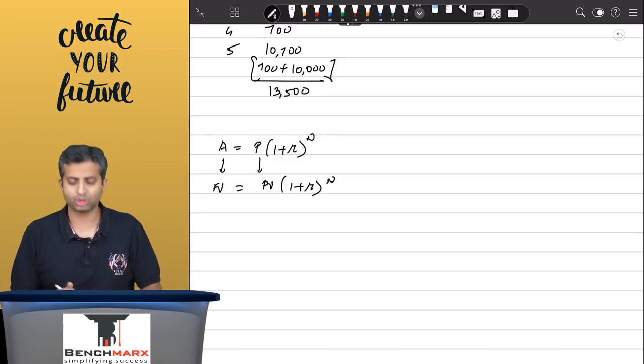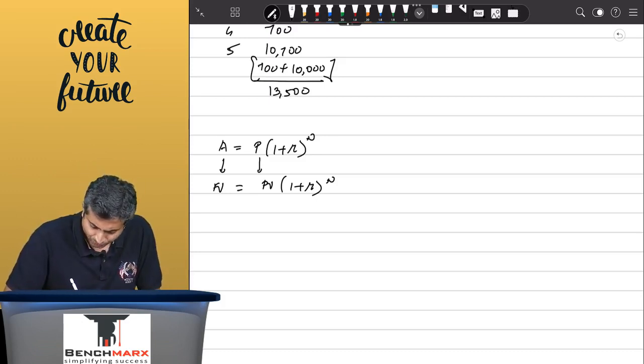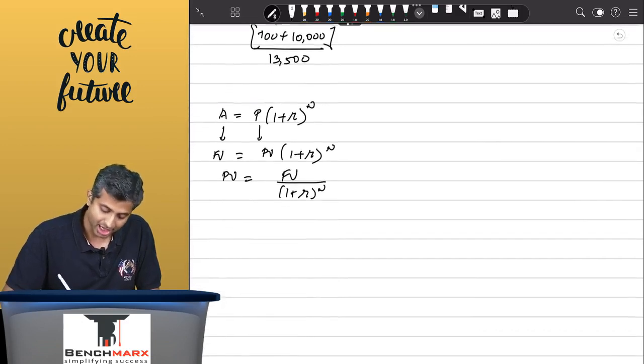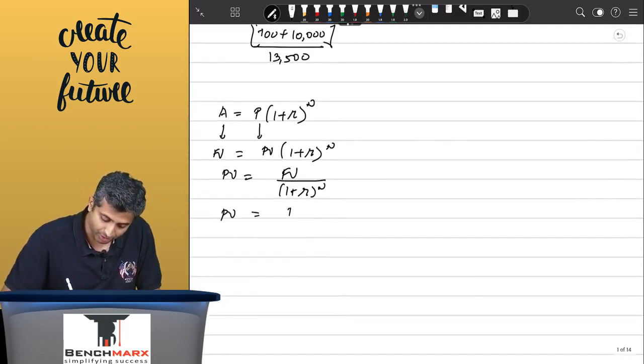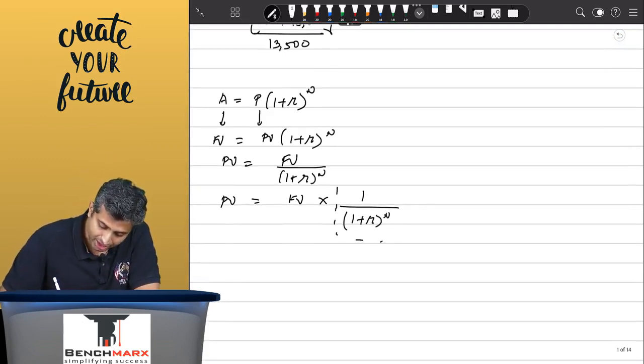We want to find the value today, in which case you will just rearrange these terms and say, okay, so the present value will equal the future value upon (1 plus r) raised to n, that is, present value equals the future value into 1 upon (1 plus r) raised to n, and this is called a discounting factor.